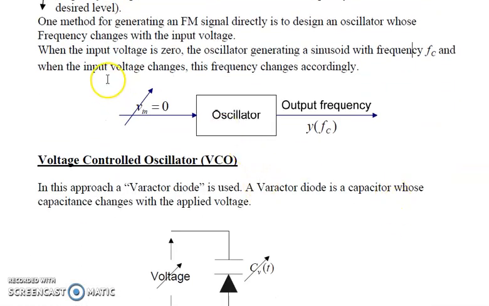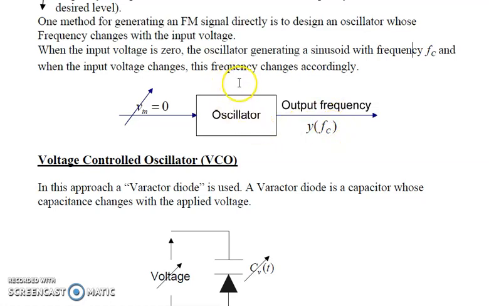Now here, this arrow mark is for the variable sign. This is the voltage controlled oscillator, and if the input voltage is 0, at that time the output frequency will be the carrier frequency.